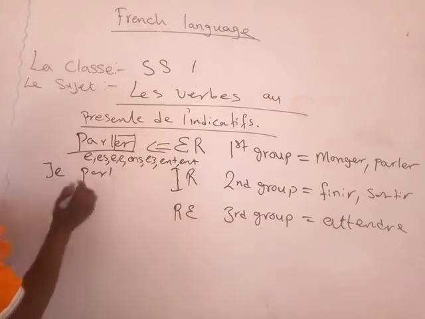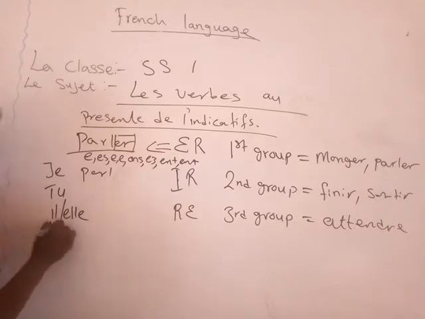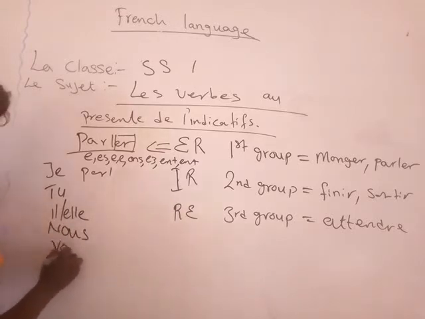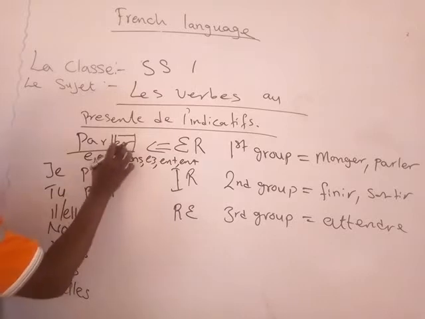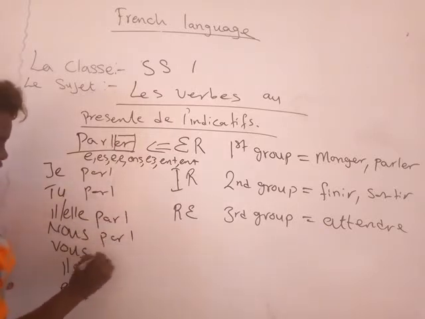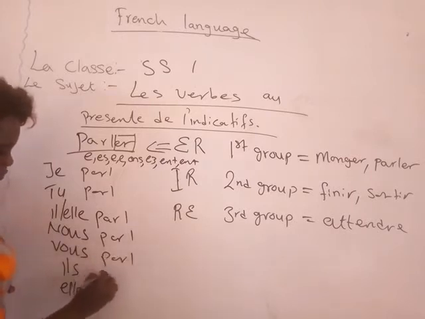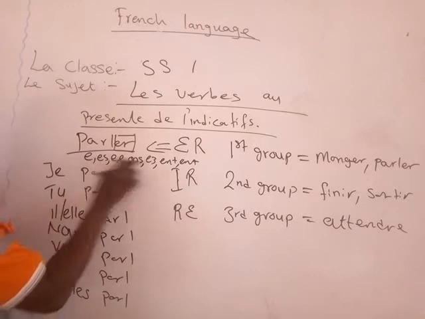First, you write your personal pronouns: je, tu, il, elle, nous, vous, ils, elles. Now, we write PARL, because the rule says we remove the ER. Then you start adding the endings.